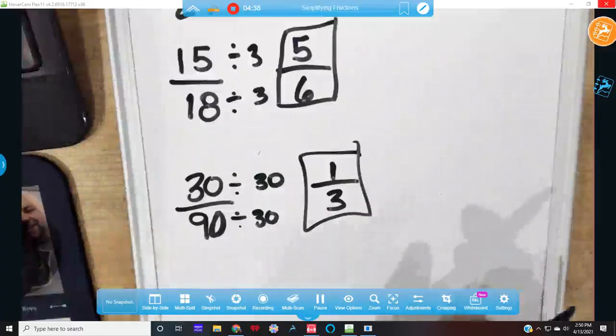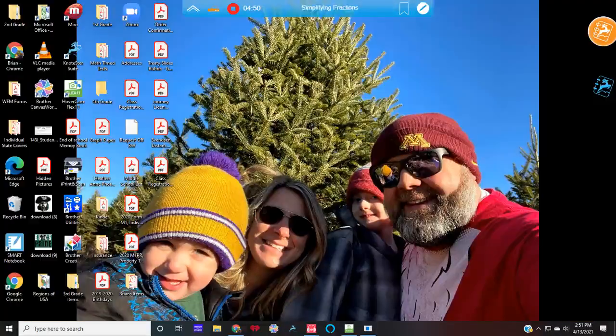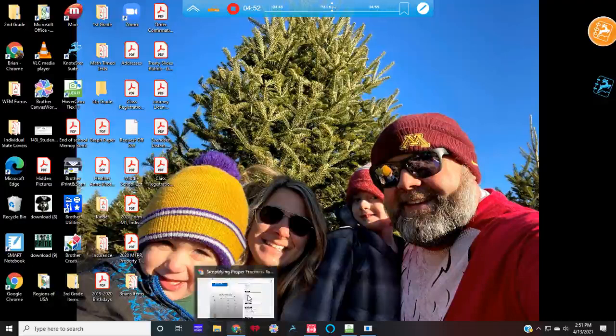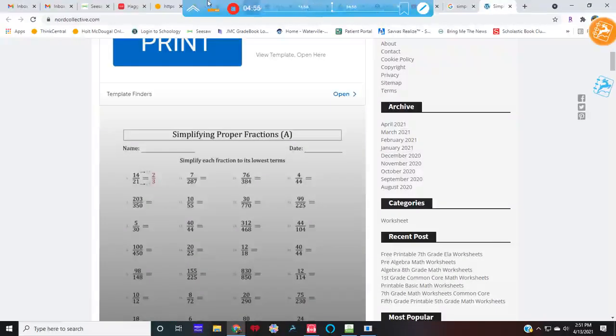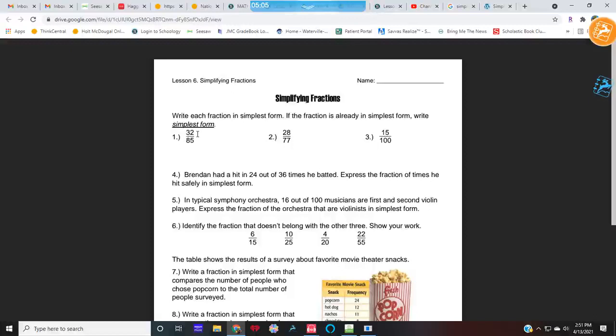And now sometimes you might get a crazy one, like your first problem up here. So the first problem, this one was 32/85. Whoops, I wrote 84ths. 32/85ths.